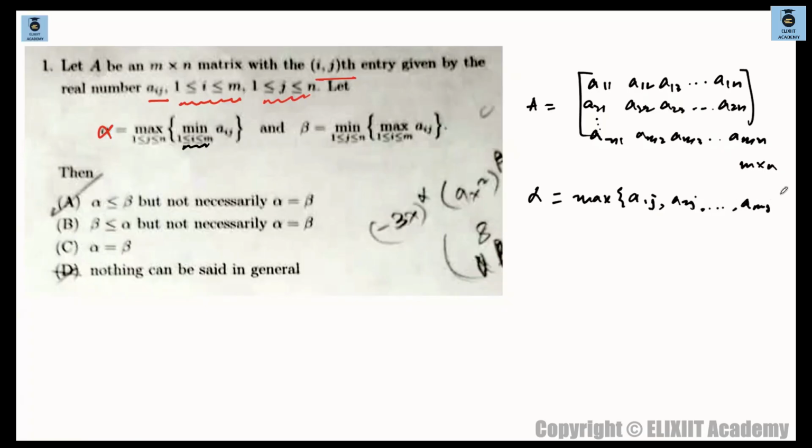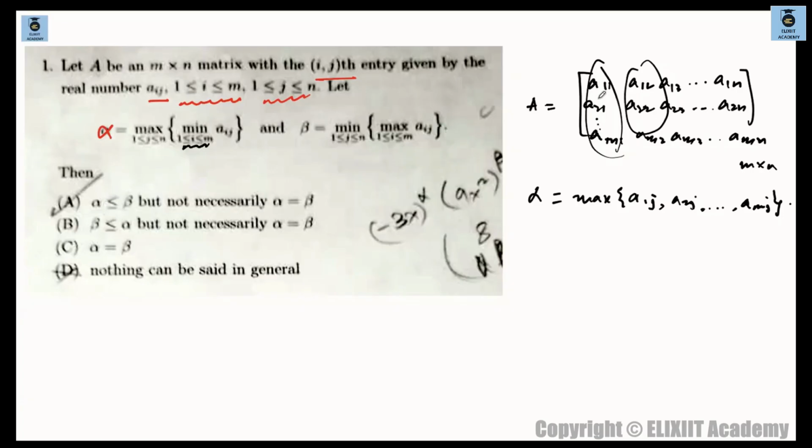The meaning is that you consider one column at a time, A1j, A2j, and so forth till AMj. So you consider all these columns, first column, second column, third column, and so on, out of which you select the minimum value from each column.